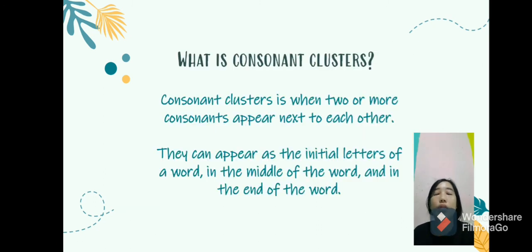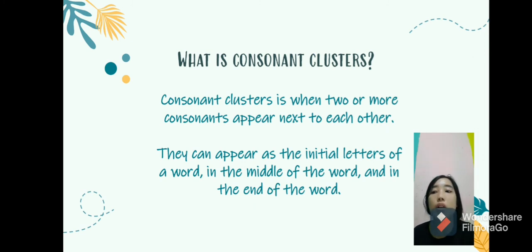Oh yeah, I forgot to mention that phonotactic rules still have many more rules. I only explain some of them because there are too many. I searched on Google and also watched on YouTube, and there are so many about that.